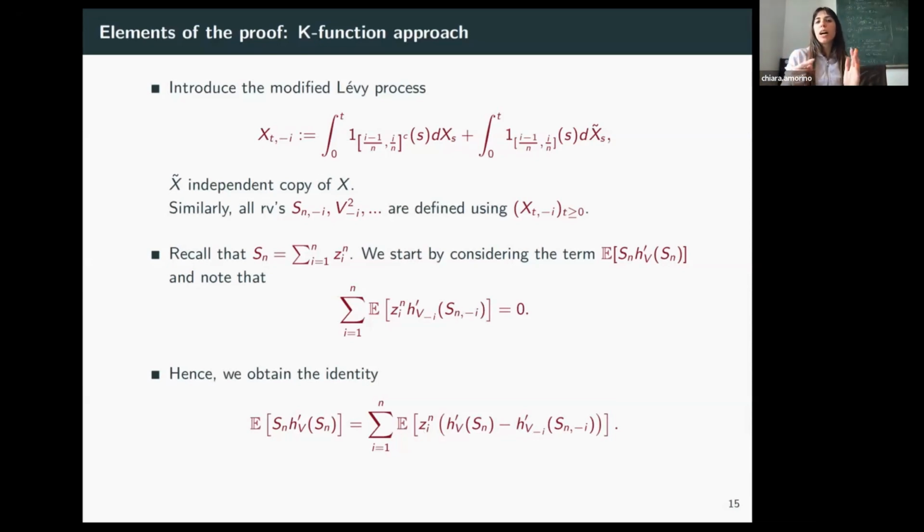But if on the other side you don't have this symmetry, what you have to do is basically repeat the trick of the K function. But now, instead of having only some increment with respect to I, you are going to have some extra increment. So as you were saying, you have to compensate by adding something else. You are adding back some extra increment with respect to some G, but then you have to remove them again.